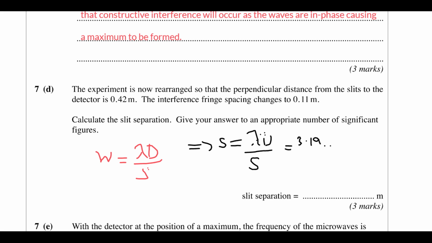So that's 3.19 and so on times 10 to the minus 2, times the screen distance, which is now 0.42, divided by the spacing, 0.11. We plug that in, we get 0.1218, so 0.12 meters is the slit spacing.